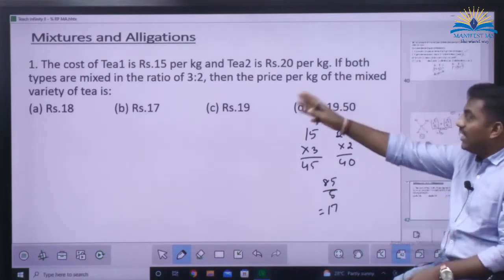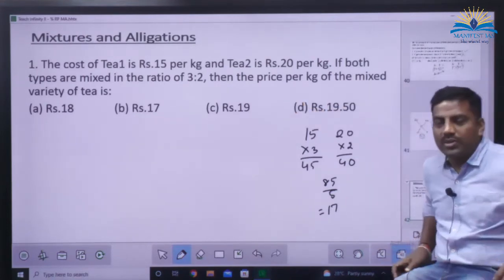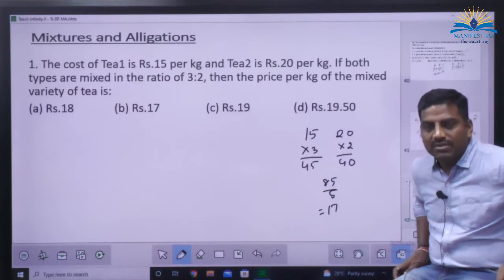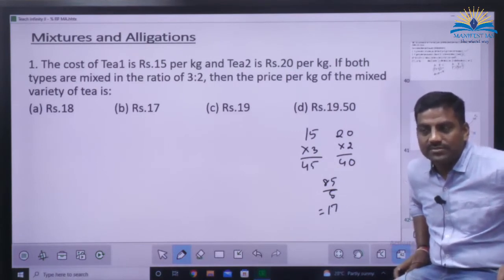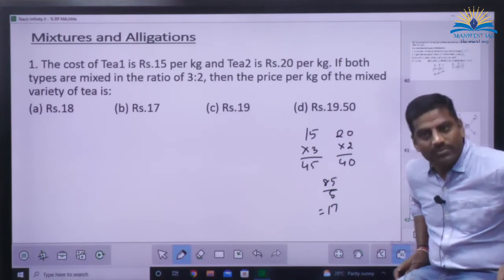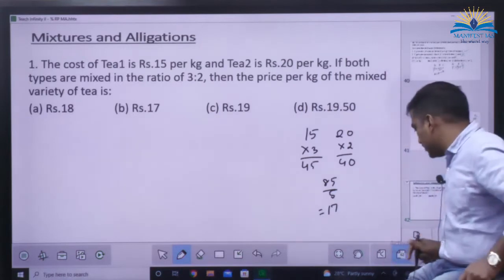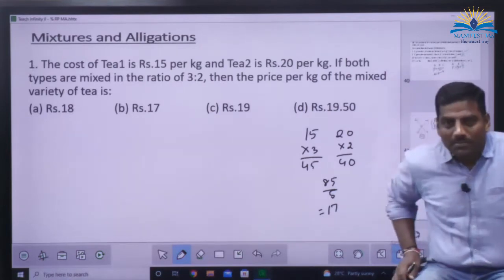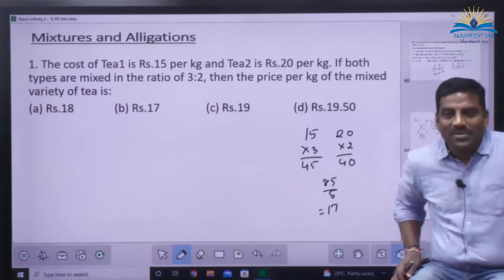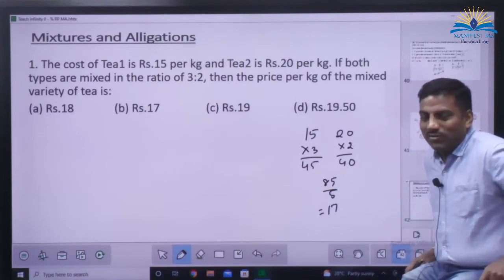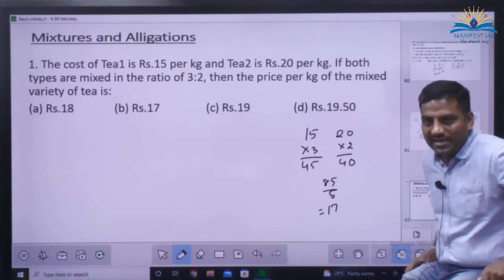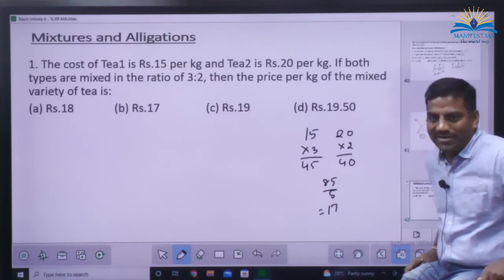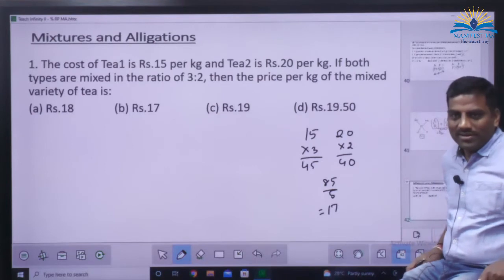So, if it was in the ratio 1:1, what would have been our answer? 15 rupees wala and 20 rupees wala, 1:1. Exactly middle, 17.5. Yes? Okay, what if 2:3? Don't calculate. 1:1, 17 and a half. 3:2 is 17. 2:3 would be 18. Okay?